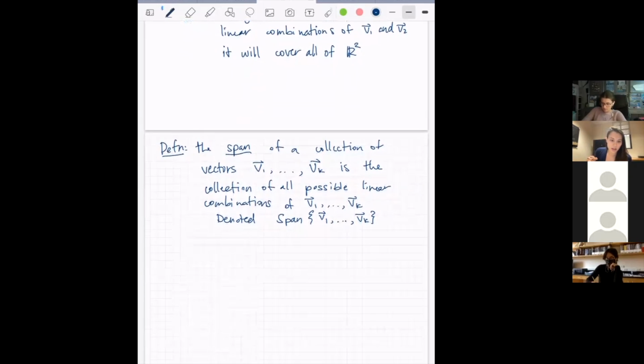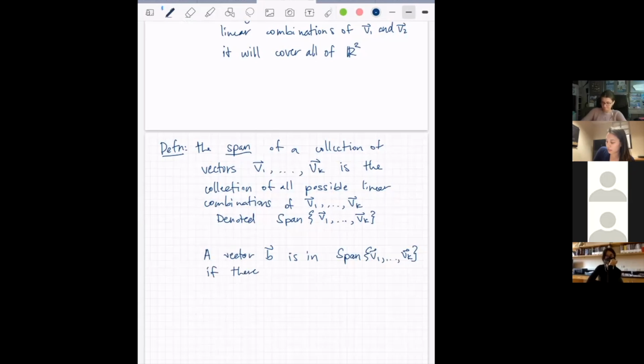Now, just to say this a different way, a vector, we'll call it B, is in the span of V1 up to Vk if we can find some weights.